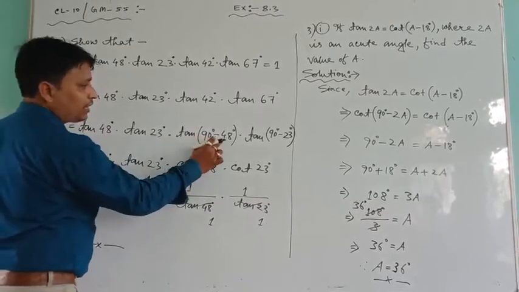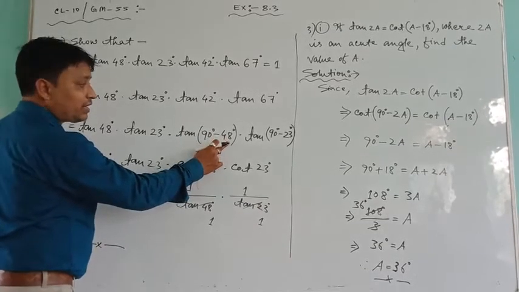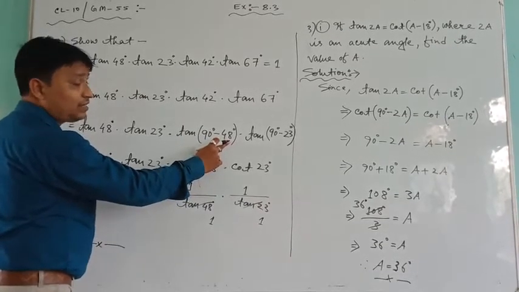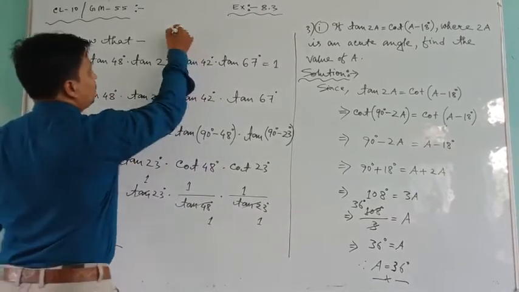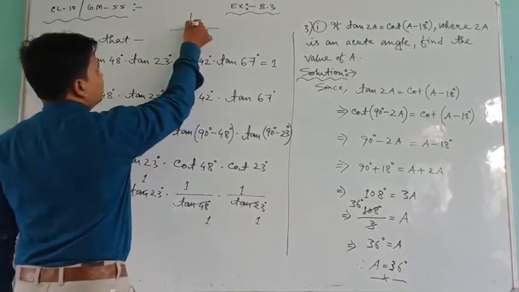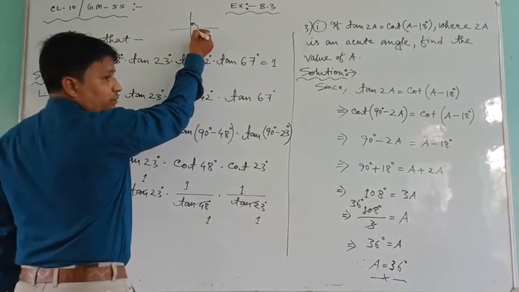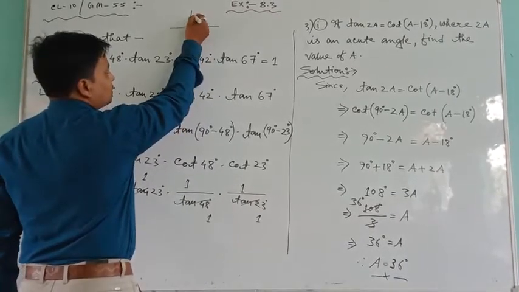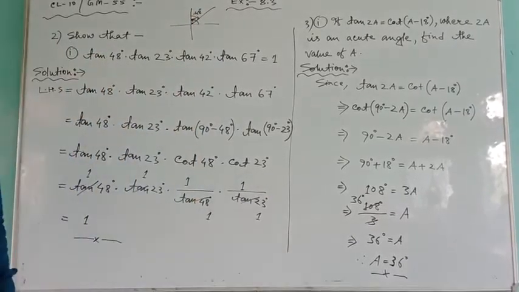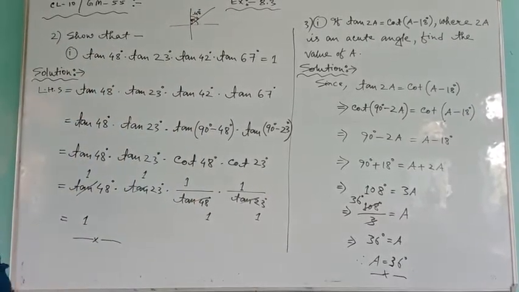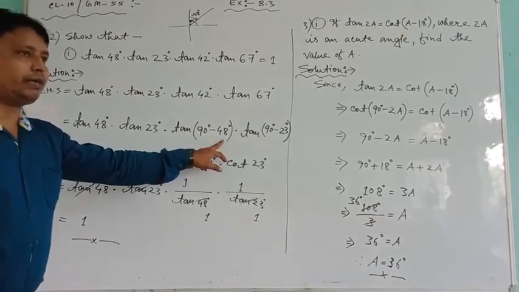Clear? 90 minus theta. Theta is what here? 48 degree, and that theta value is an acute angle. So 90 minus theta, it is under which quadrant? This one is 90 degree, anti-clockwise positive angle, and this one is minus 48 degree. It is under which quadrant? First quadrant. So this one is a positive angle, this one negative.